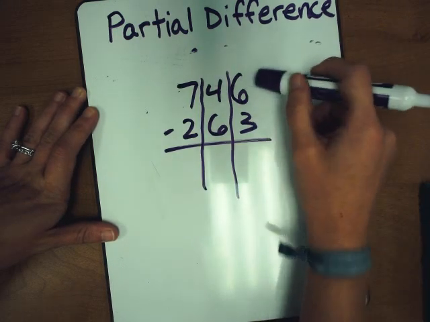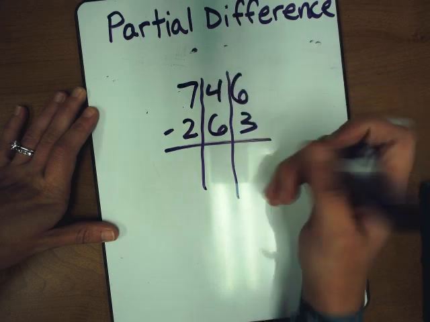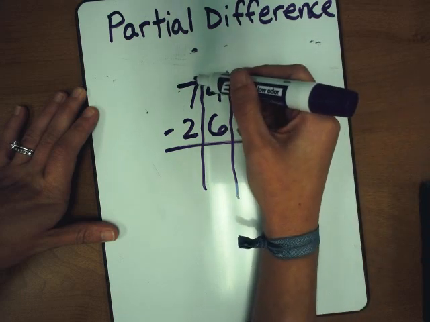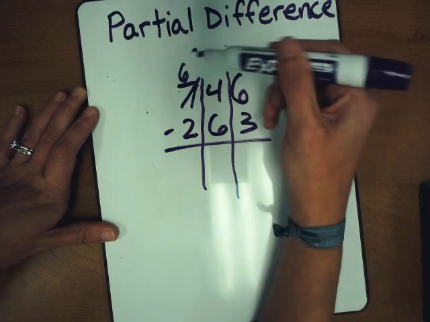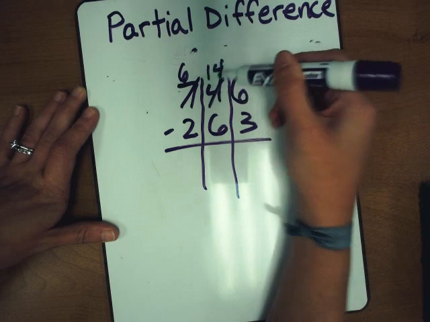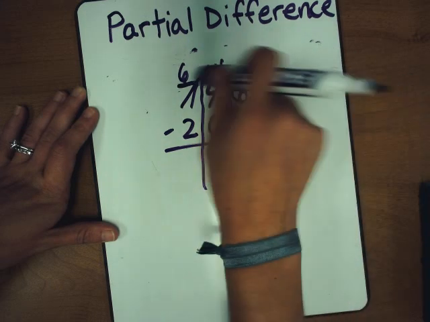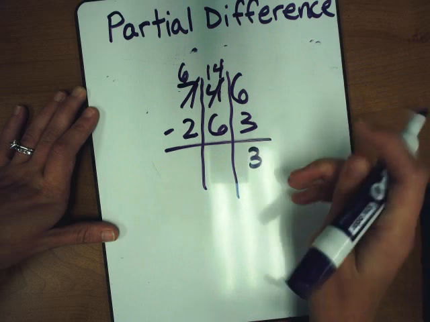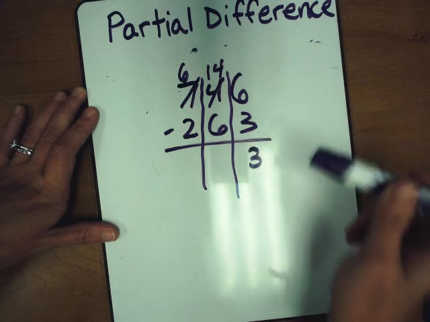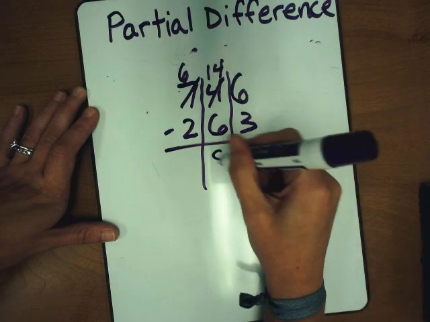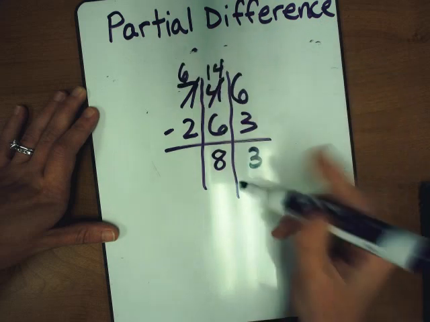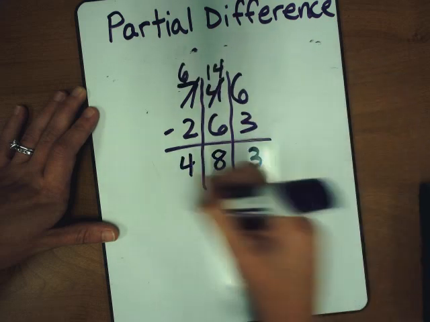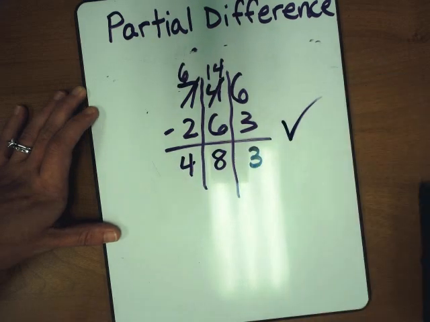Oh, this will get me a negative number, so I'm going to go ahead and trade one of my hundreds for 10 tens. So now I've got more on top on all of those, so I have 6 minus 3 is 3. 14 minus 6 is 8, and 6 minus 2 is 4. So I still get 483, so my answer is correct.